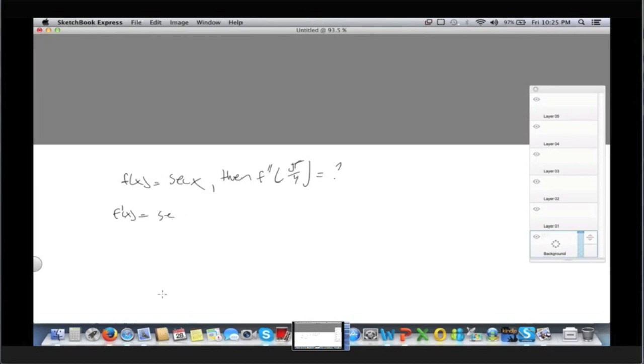All right. This is just cosine of x. Oh, I always do this. I made sure in the test not to do this, but in practice I do this all the time. Okay.